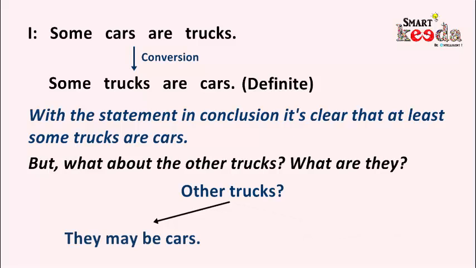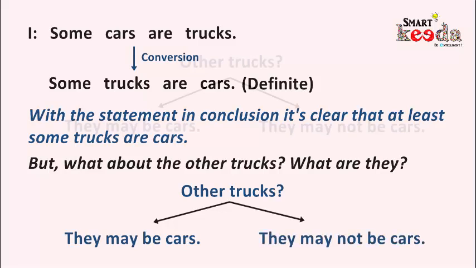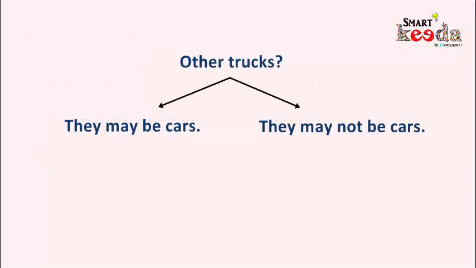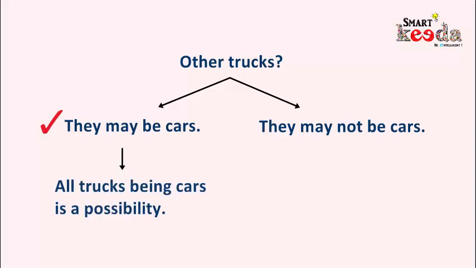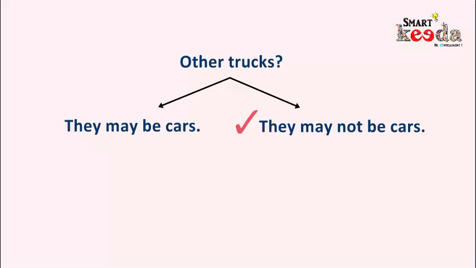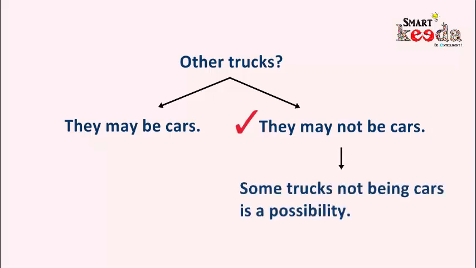Again, they may be cars or they may not be cars. Now if we assume that the other trucks or the rest of the trucks are also cars, we can say that all trucks being cars is a possibility. And if we assume that they are not cars, we can say that some trucks not being cars is a possibility.